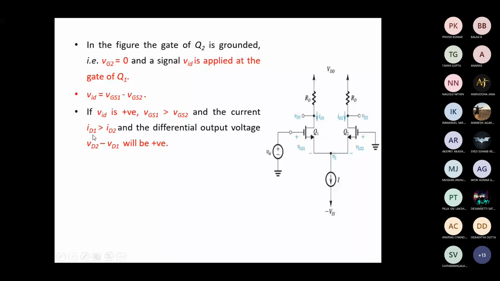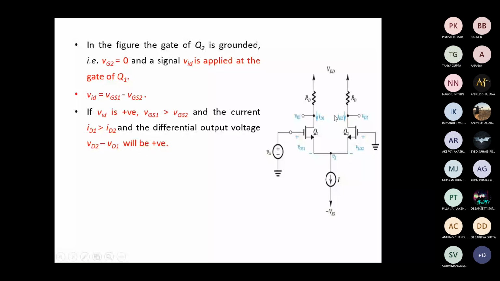So when VID is high, ID1 will be high compared with ID2, right? And the differential output voltage, what will happen to VD1 and VD2 when ID1 is high? Just keep in mind when ID1 is high.